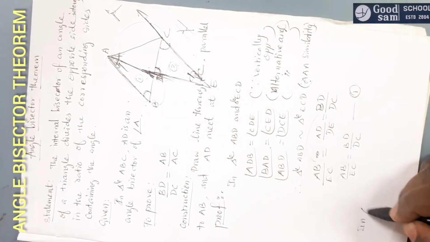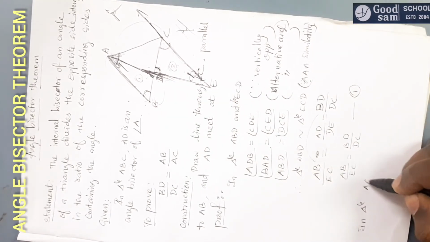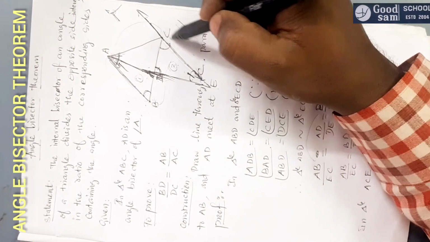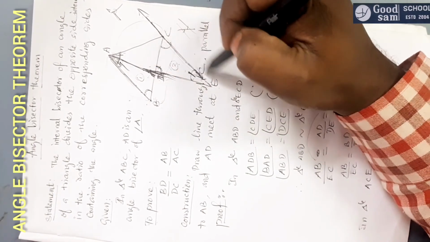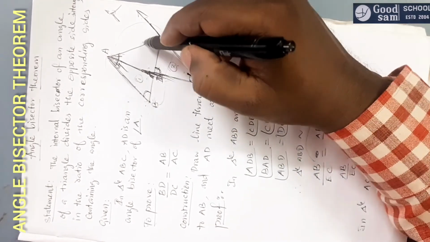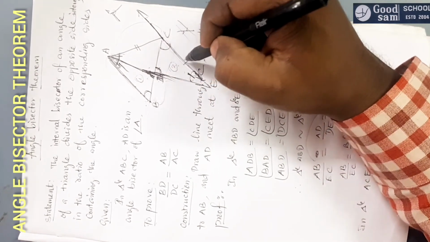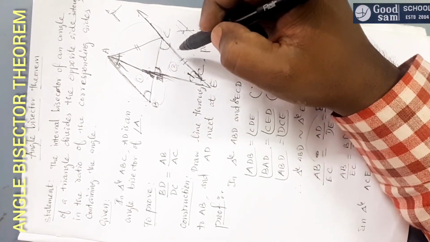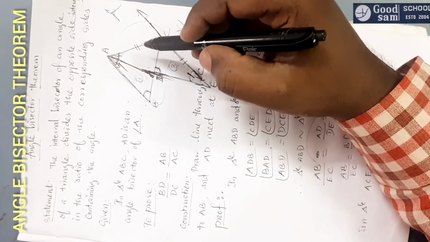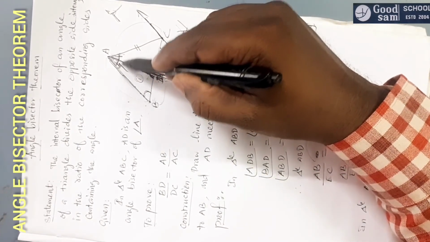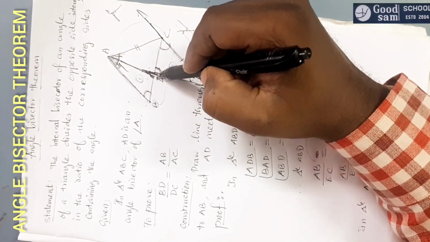In triangle ACE, these two angles are equal because AD is an angle bisector.